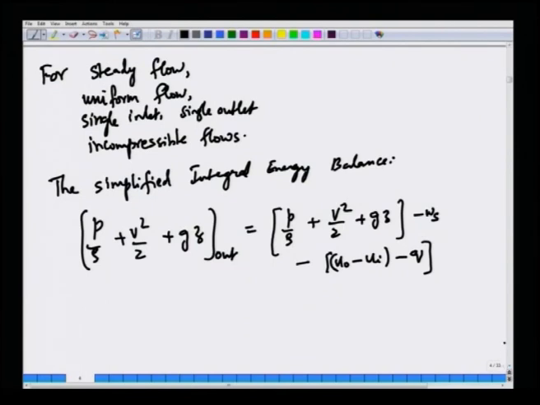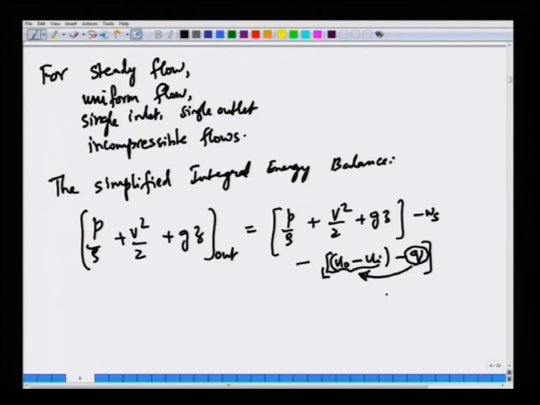So, what we are saying essentially is that for an incompressible fluid, the heat transferred can affect only the internal energy. For example, the heat that you are putting in cannot go into increasing any of these, that is why these two terms are clubbed together.